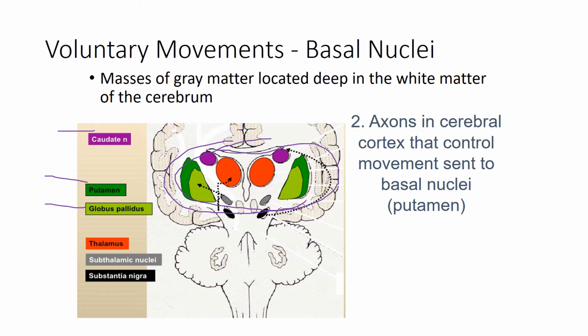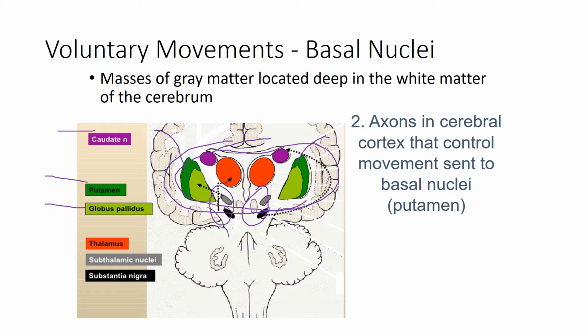So what we have then are the axons within the cerebral cortex that are going to control movement by sending information into the basal nuclei, predominantly here within the putamen. Also, some smaller regions include these black and gray spots that we see here, which are the subthalamic nucleus of the diencephalon and the substantia nigra of the midbrain.